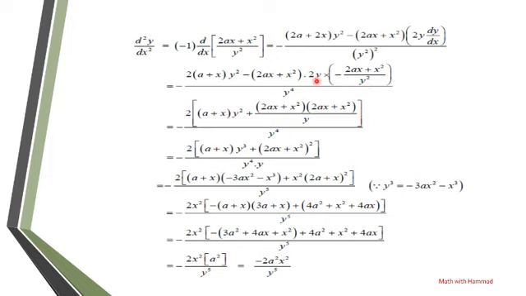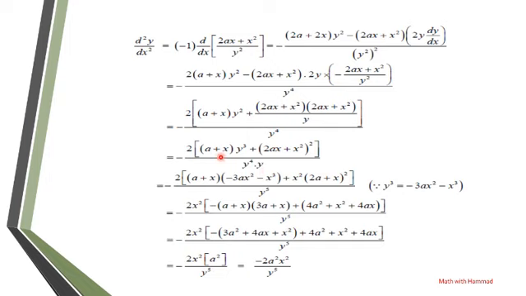This y cancels with the power of this y, and 2 and 2 are taken common. Remaining are (a plus x) into y square, and minus and minus is plus, (2ax plus x square) into 2ay plus yx square. 2ax plus x square into 2ax plus x square is (2ax plus x square) whole square, and when this y multiplies by this y it becomes y cube, and then y into y4.